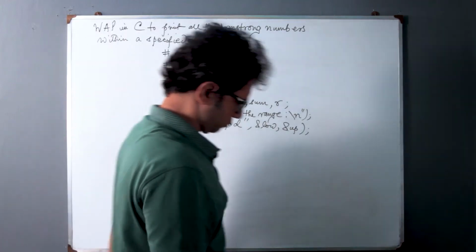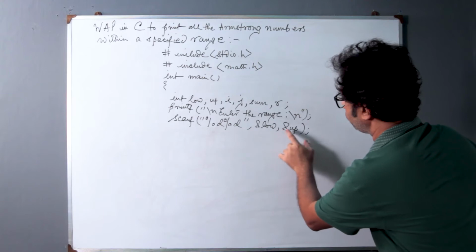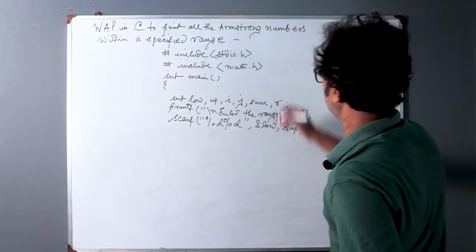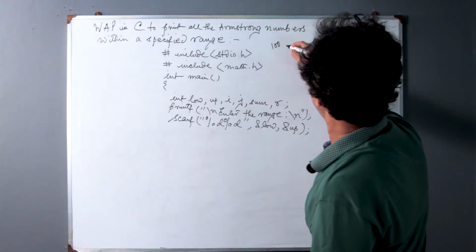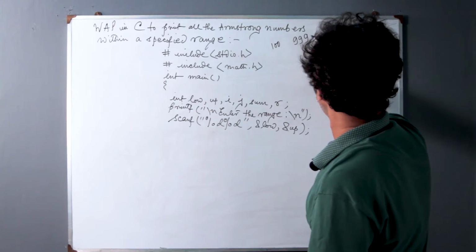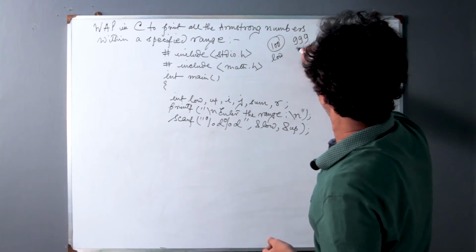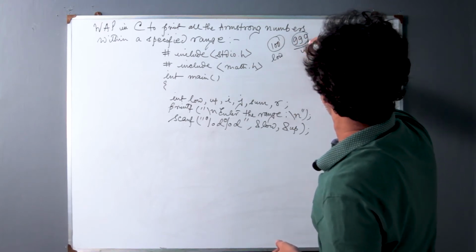So the user gives two values for low and up. Suppose the lower bound is 100 and the upper bound is 999 or 1000, whatever may be. So this becomes the low value and this becomes the up value.